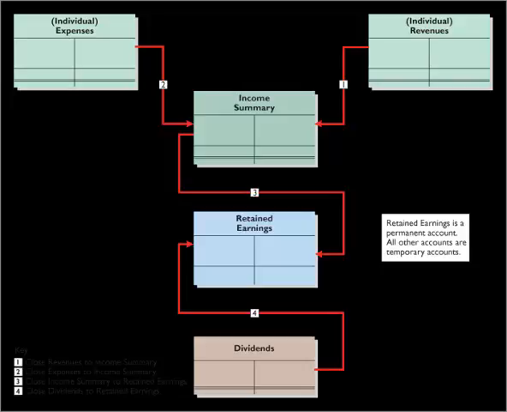Okay, so page 159. Illustration 4-5 on page 159, the red arrows are coming from a side of the T account. We said we're going to close expenses with a credit, so the arrow is coming from the credit side of expenses to the debit side of income summary.